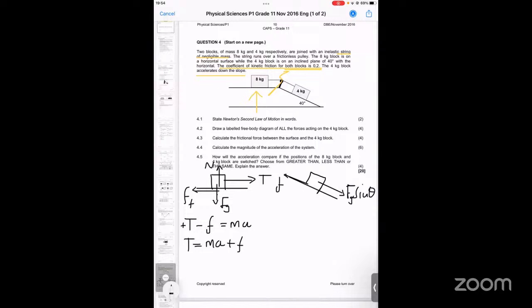Because both objects are experiencing the frictional force. We also have the tension. I'm not sure if you agree with me on that one, Didintle. Yes, sir, I do, sir. So that means towards the right as positive, we have FG sine of an angle. The tension is minusing. Also, the frictional force is minusing. And this equals MA.